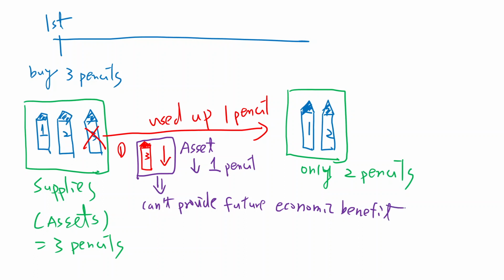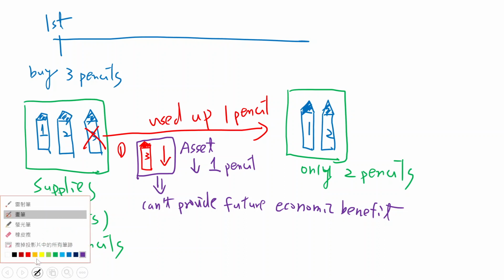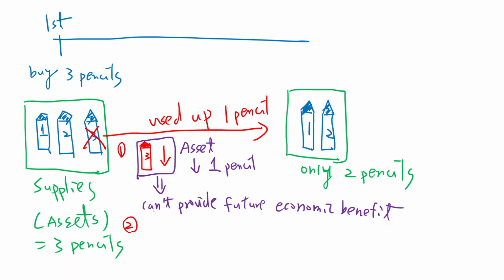Okay? You did something, after you use up 1 pencil, that cannot provide you future economic benefit. So what's that? It means your expenses happened already. Okay? So that's why our second effect is because of this. So that's my expenses increase.